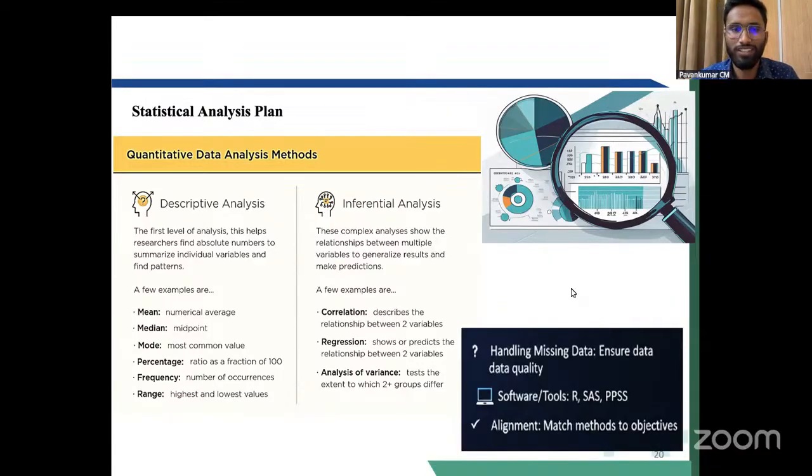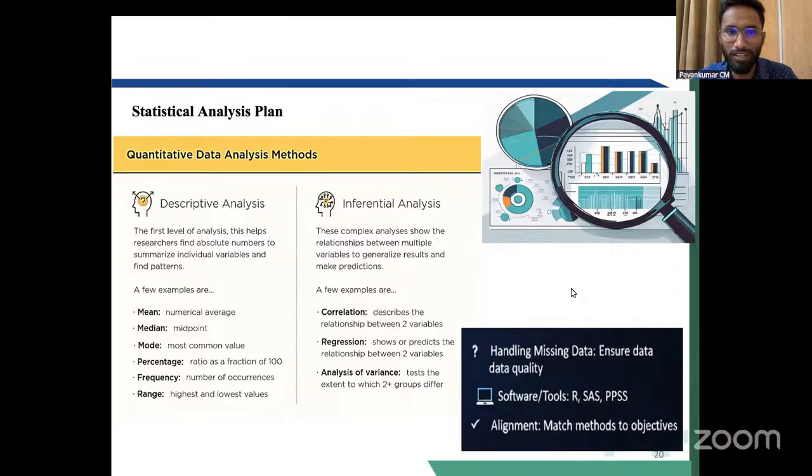I don't think we have to go in depth on what mean and median are, because we have already studied those in our previous classes. And also the percentage, the ratio or fraction of 100, the frequency, the number of occurrences, and the range, the highest and the lowest.